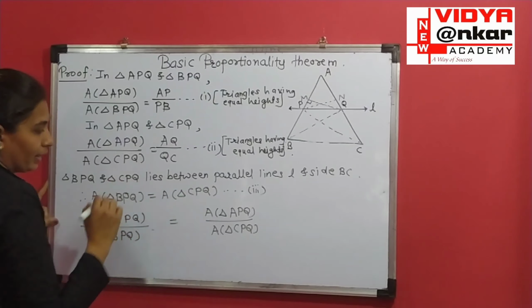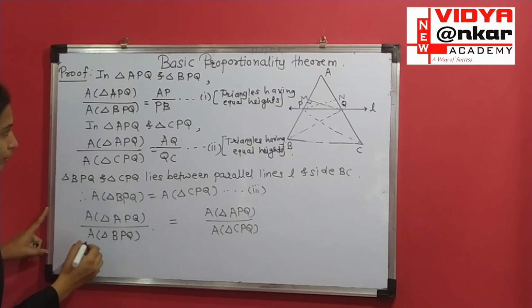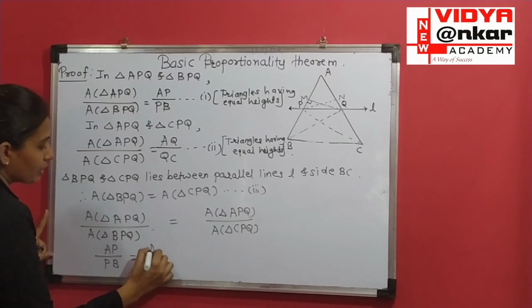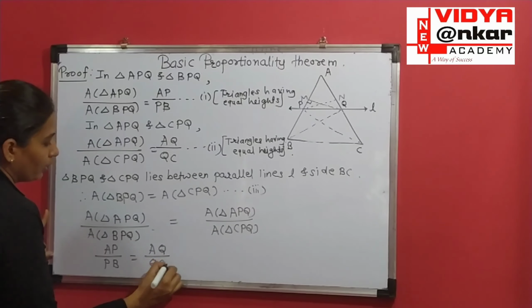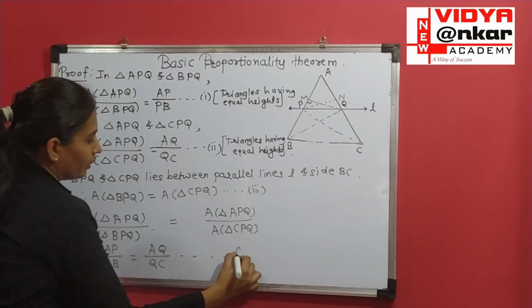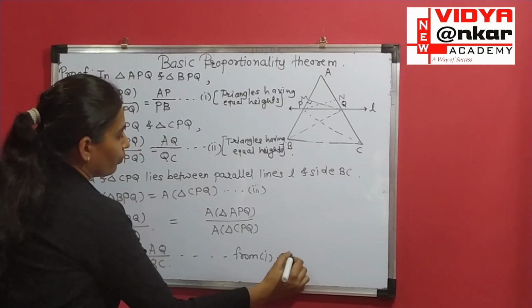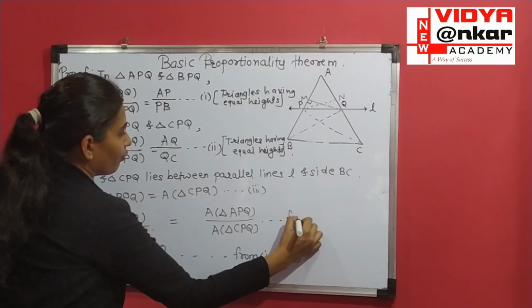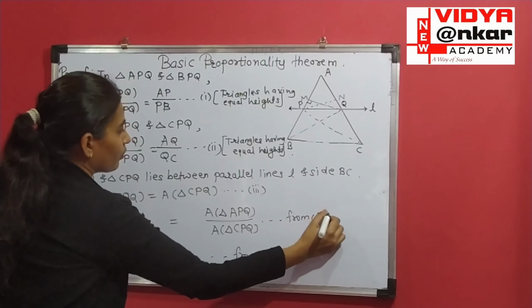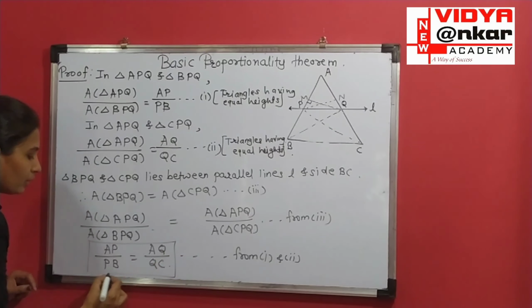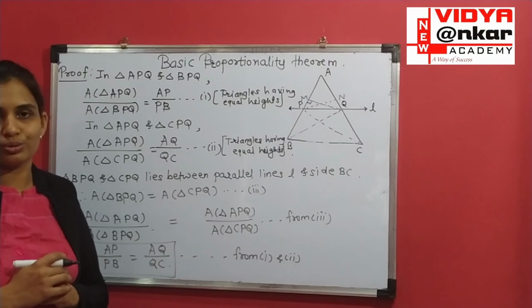These ratios are equal. Okay, so we can write AP upon PB equals AQ upon QC, and give it as number from 1 and 2 and give this as reason from 3. Clear? And we have to prove that these ratios are equal.